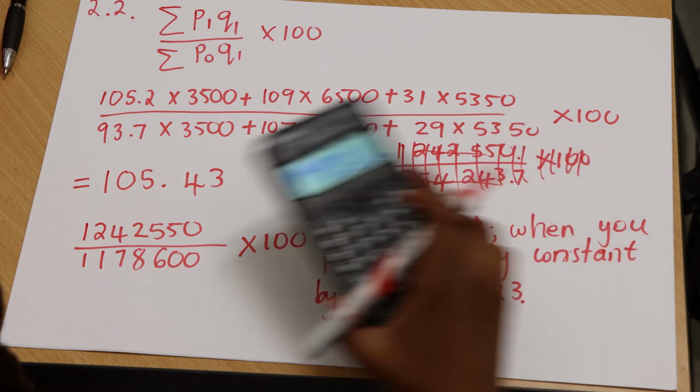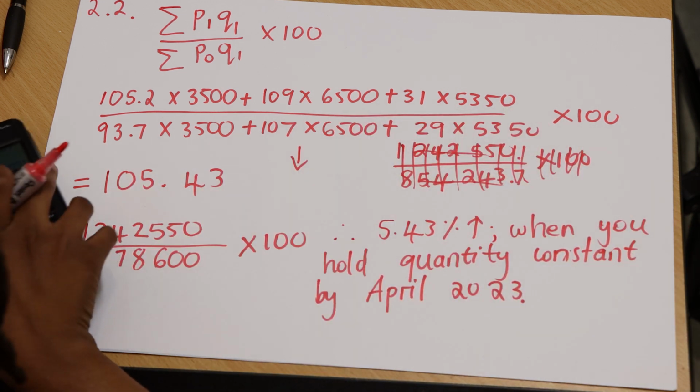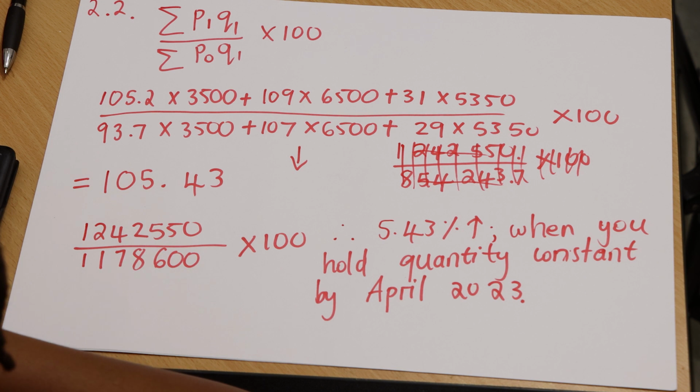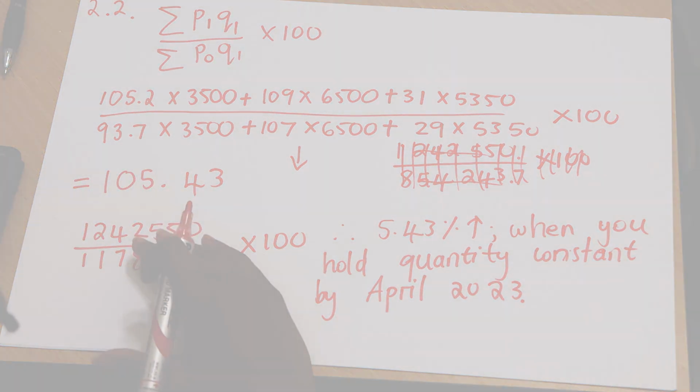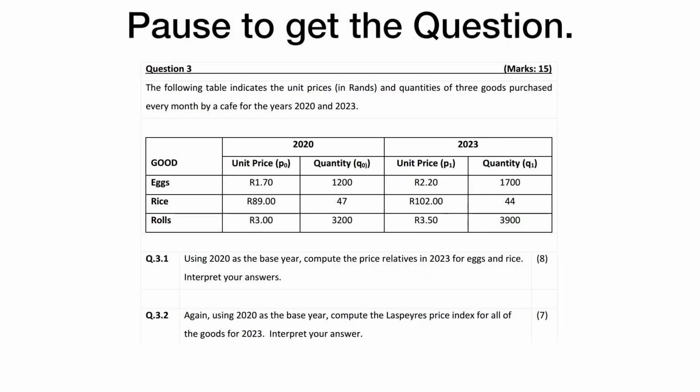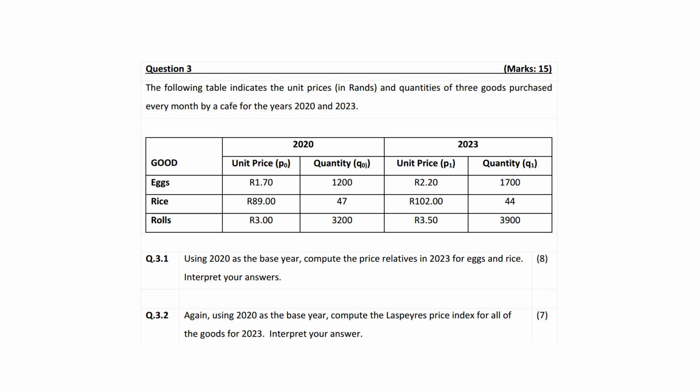Okay, so the next question. The next question is question 3, which is 15 marks. So it says the following table indicates the unit prices and quantities of 3 goods purchased every month by a cafe for the years 2020 and 2023.